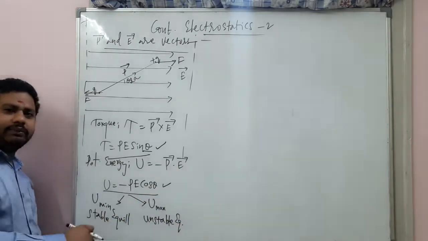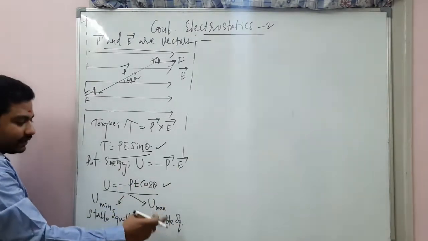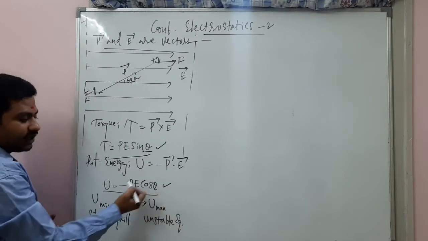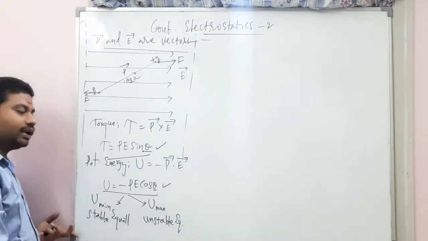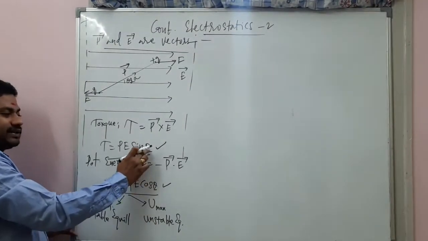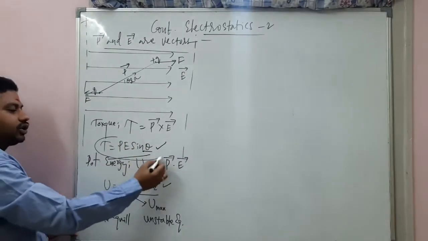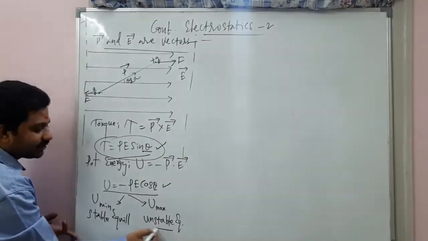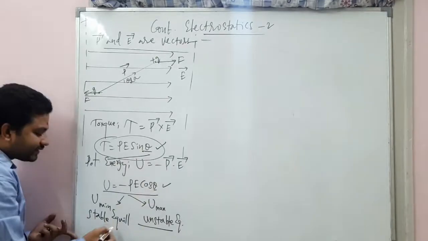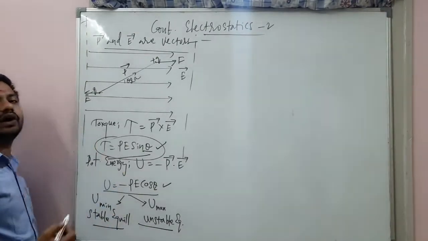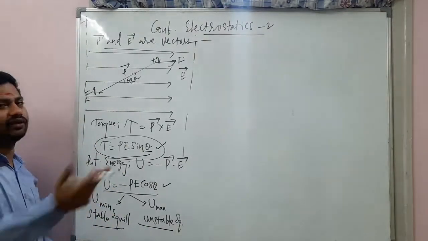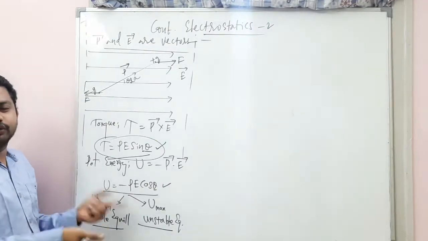At stable equilibrium, there is some angle. At unstable equilibrium, there is another particular angle. You know that particular angle will be substituted here, you will get the torque also. At unstable equilibrium, you can find the torque. At stable equilibrium also, you can find the torque. We are not going into the details of it.